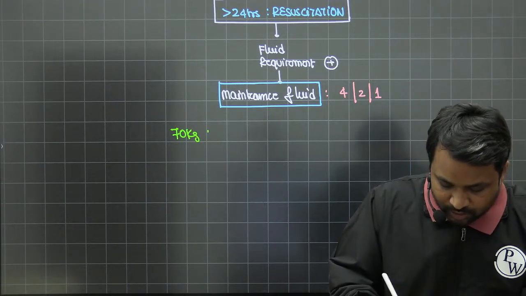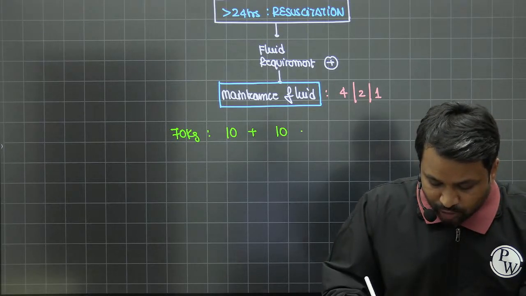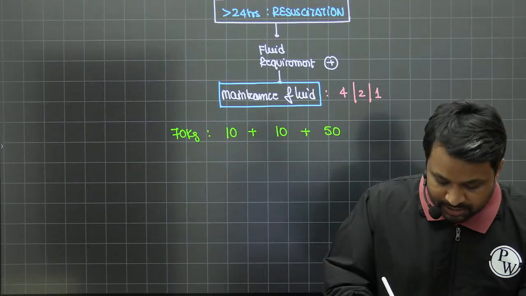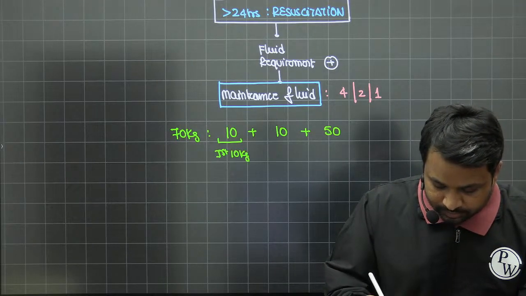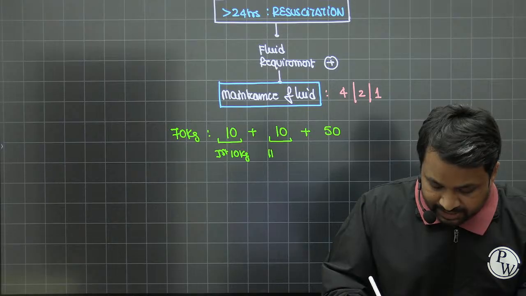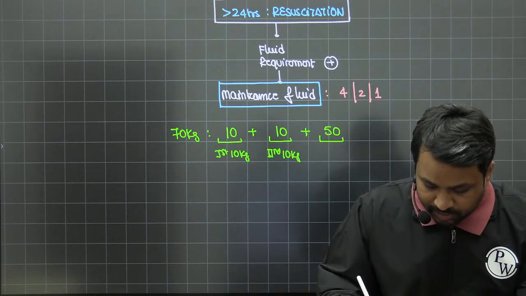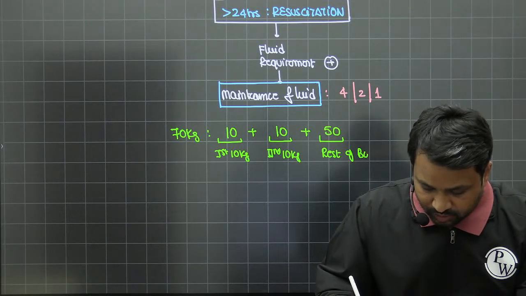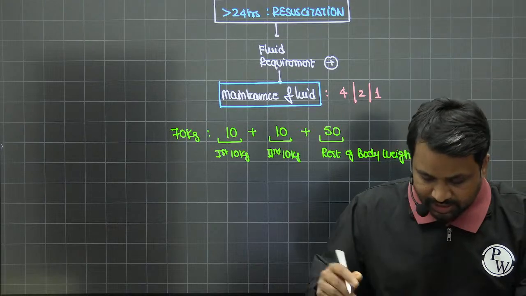Now the 70 kilogram patient can be written as first 10 kilograms of the body weight, the second 10 kilograms of the body weight, and the rest of the body weight is 50 kilograms, right?